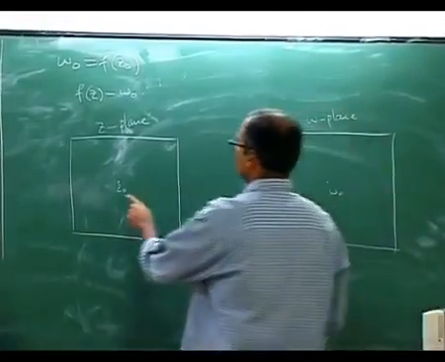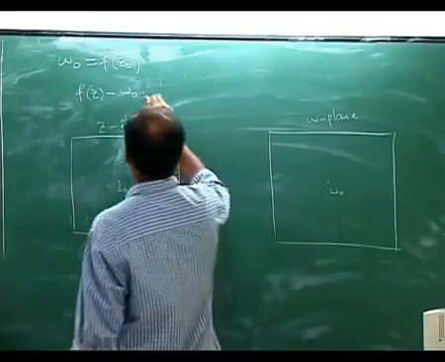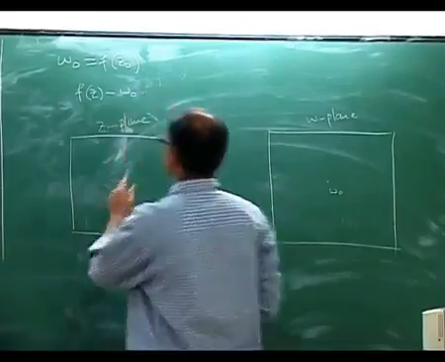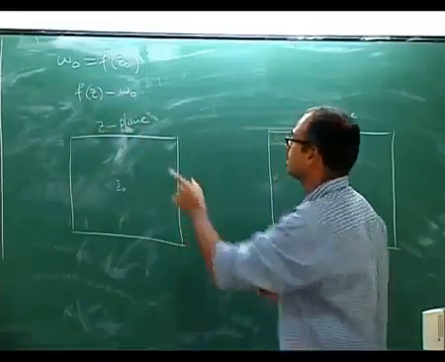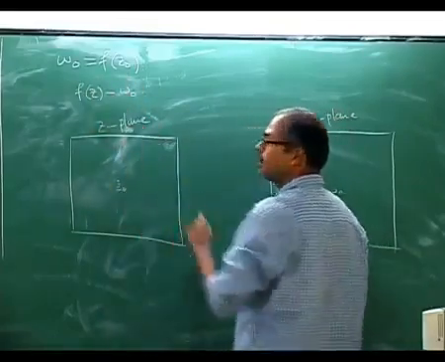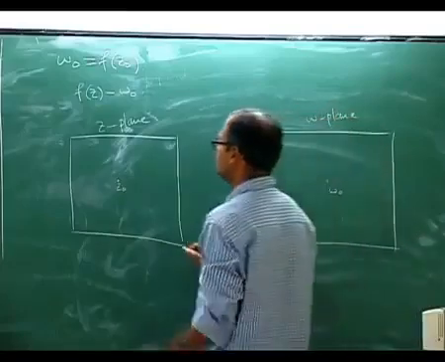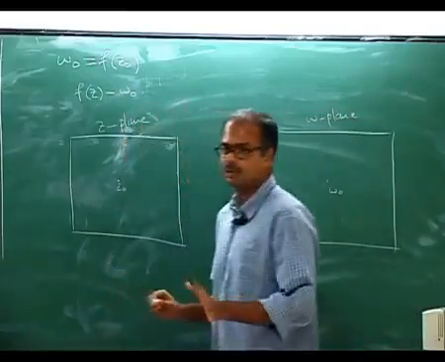So this function has a 0 at z0, because z0 maps to w0. So I am looking at this function, and zeros are isolated.